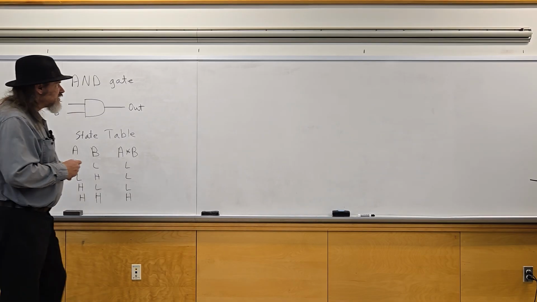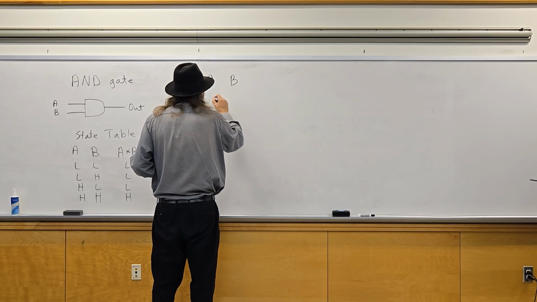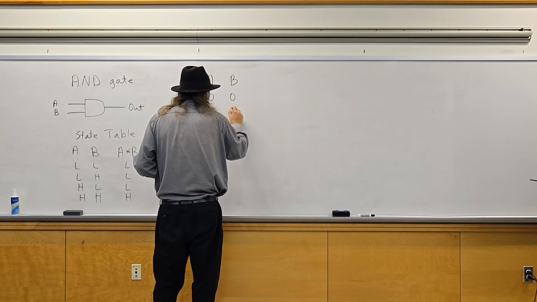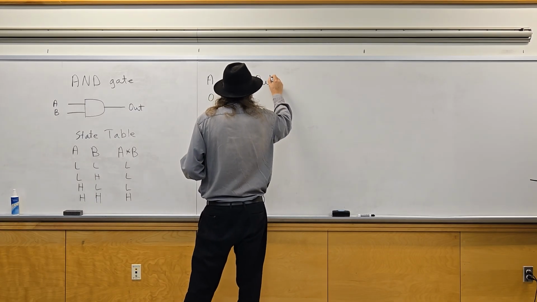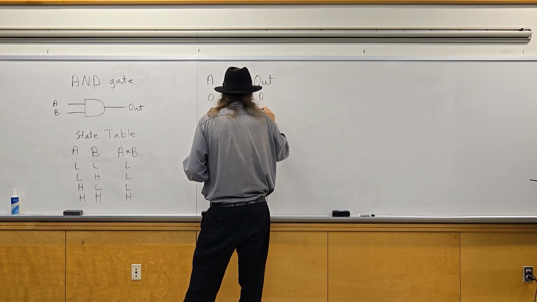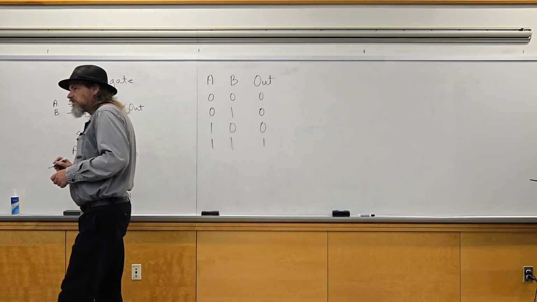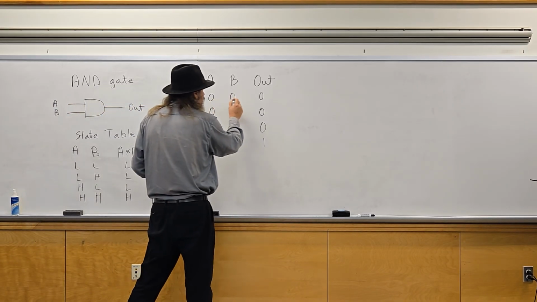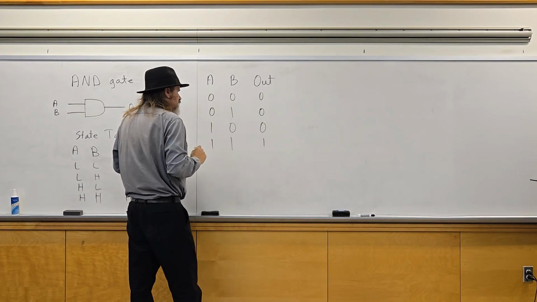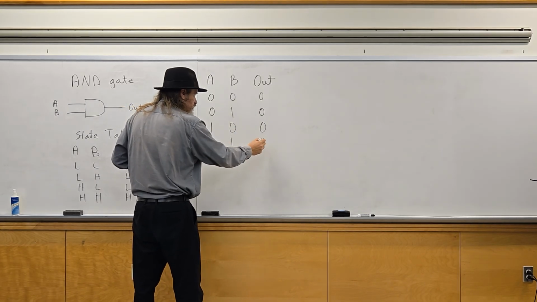So if you were to look at the state table in binary, where a 1 represents the high state and a 0 represents the low state, you can see 0 times 0 is 0, 0 times 1 is 0, 1 times 0 is 0, and 1 times 1 is 1.